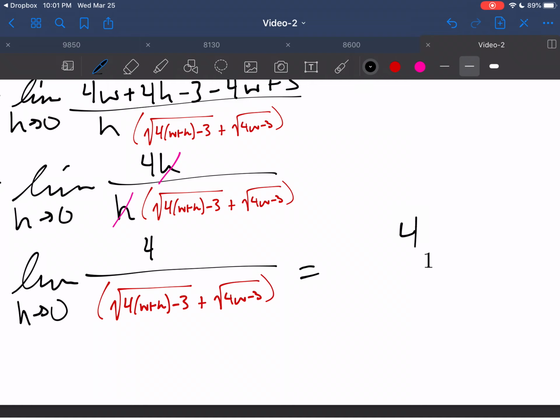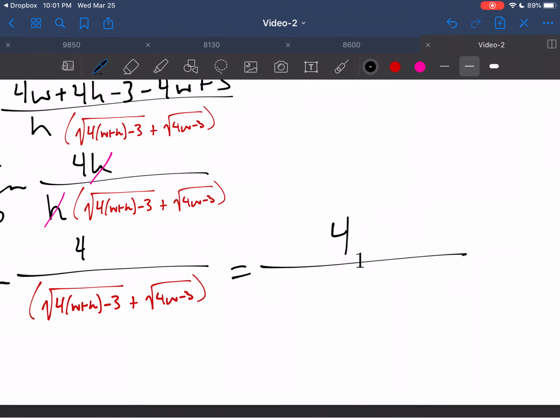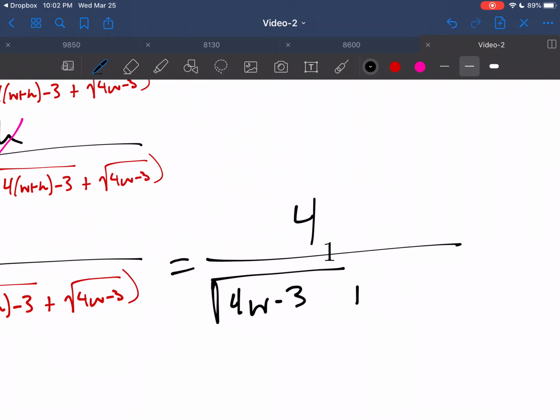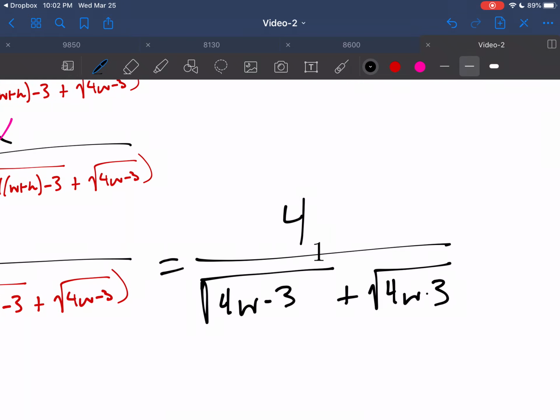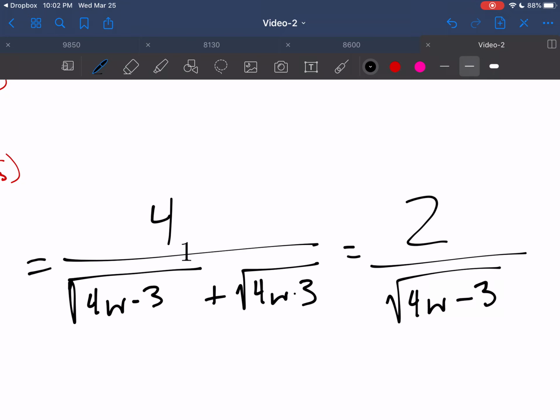So we get 4 divided by square root of 4w minus 3 plus square root of 4w minus 3, which simplifies to 2 divided by square root of 4w minus 3.